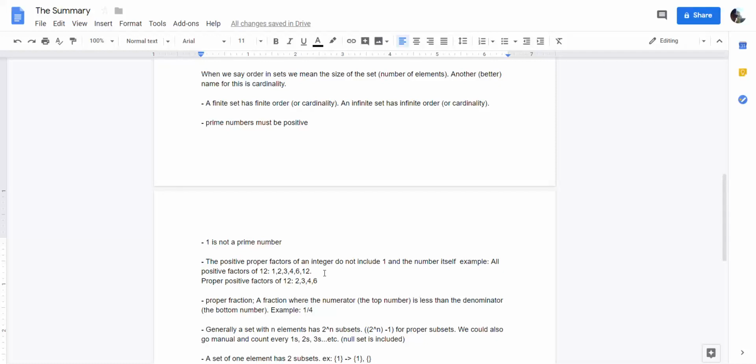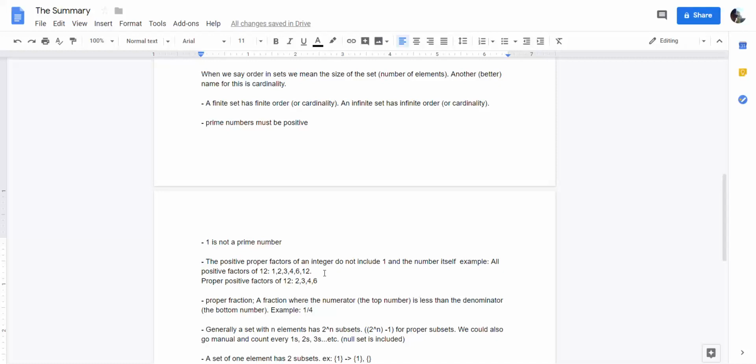The other terminology we got acquainted with was the factors. If you have a number and you want to get its factors, all the numbers that you multiply to lead to the number at hand are called the factors, the positive factors. However, for proper factors, remember we mentioned proper sets: the superset has to have an element that's not in its subset.